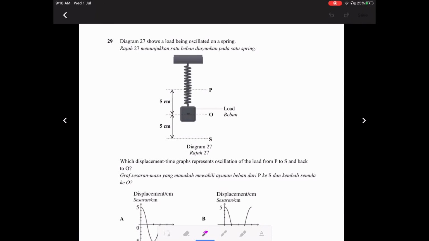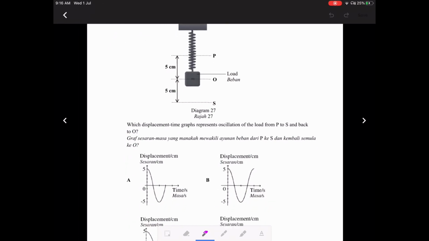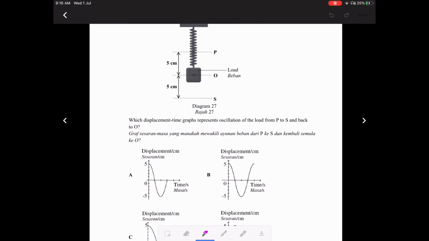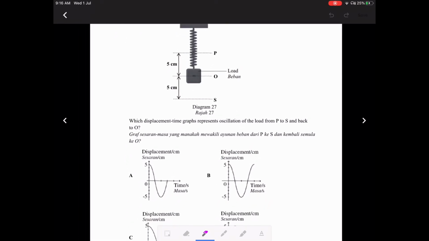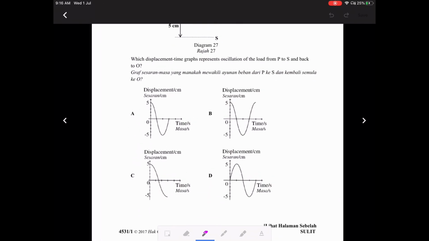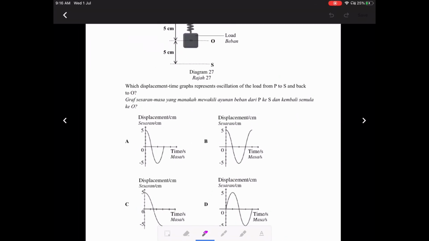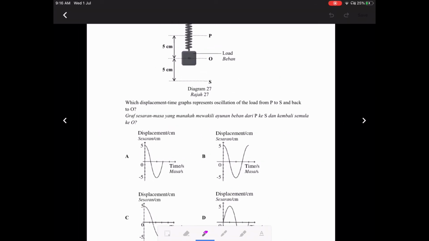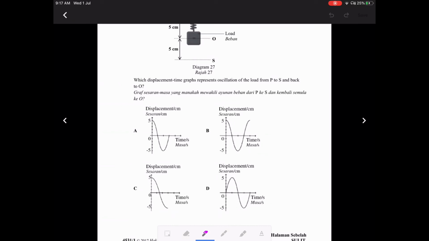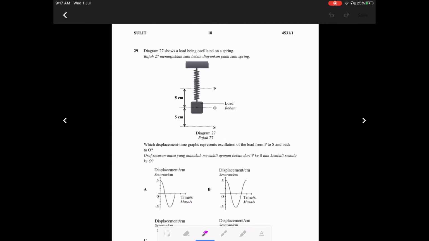So displacement akan bertambah. Okay, kemudian dia tarik sampai S. Ni kedudukan original. Okay, dia akan turun lagi ke bawah. Lepas tu dia lepaskan. Dia akan naik ke P. So, jawapan dia complete oscillation. Jawapan dia adalah D. Nombor 29.